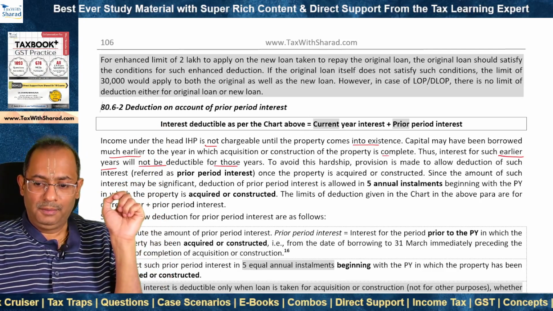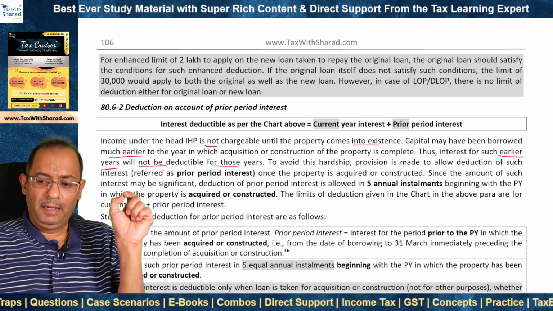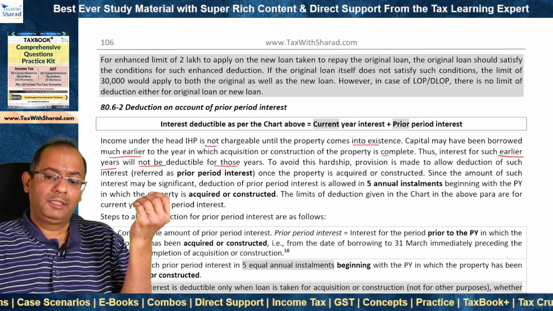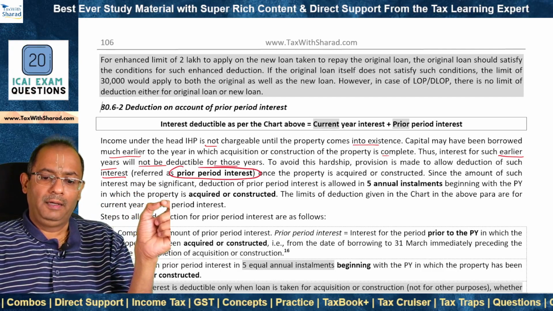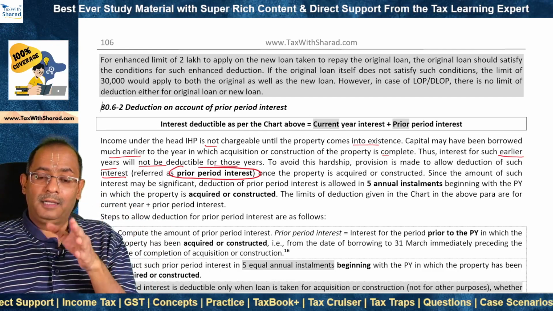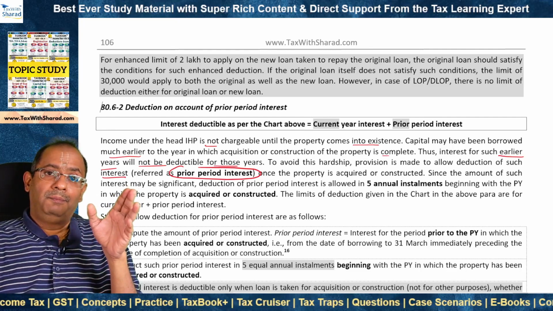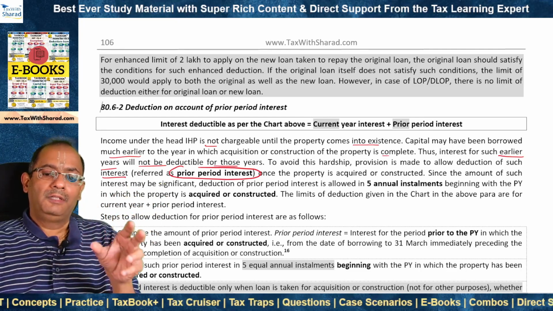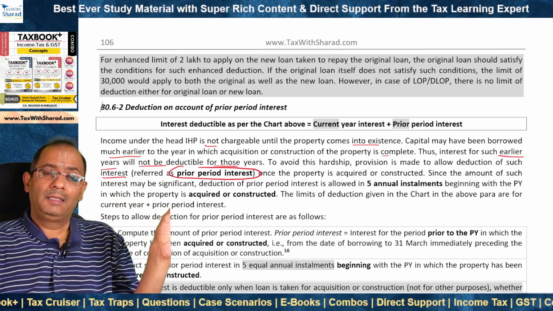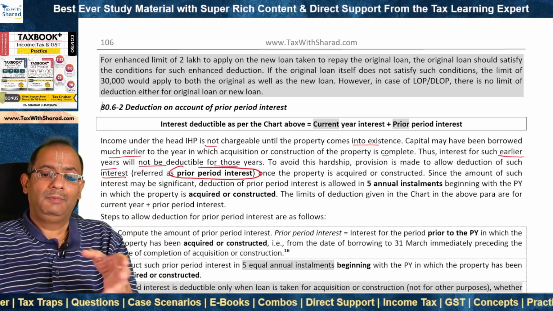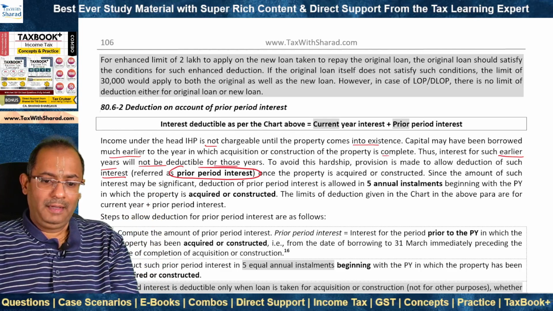To avoid this hardship, a provision is made to allow deduction of such interest, and this is referred to as prior period interest. Prior period interest means interest prior to the previous year in which the acquisition or construction gets completed. That means interest for those years in which the income was not chargeable under the head IHP, right?